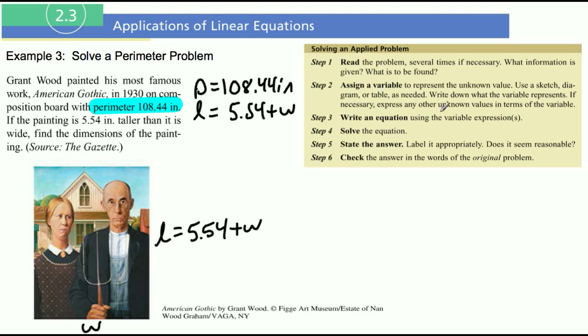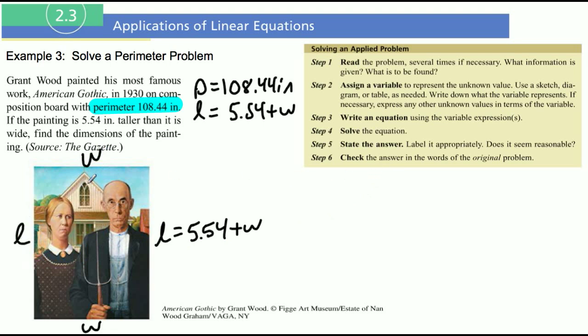Now write an equation using the variable expression. This is where we got to be creative. How can we write an equation using the width, the length, and the perimeter? Well, isn't it true that if this is the width, then this is also the width, and this is also length?